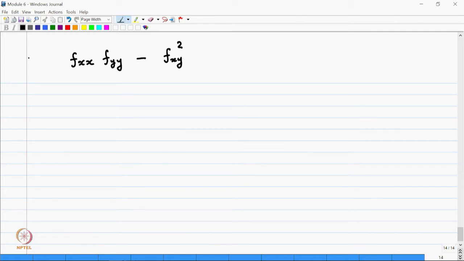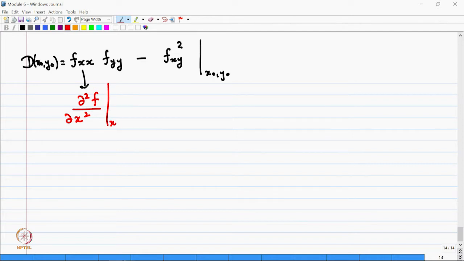Call this d of x 0 y 0. You are evaluating each of these derivatives at x 0 y 0. So, this is nothing but dou square f by dou x square evaluated at x 0 y 0. So, this object d is sometimes called the Hessian.